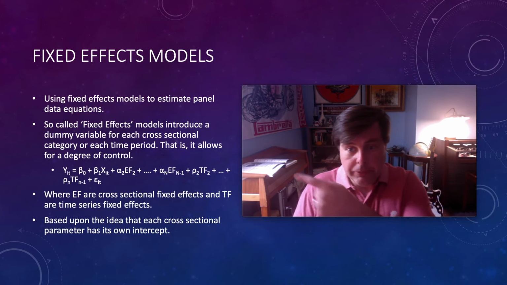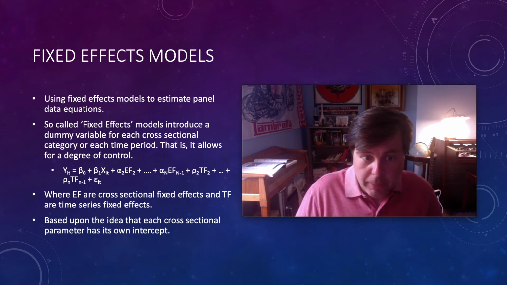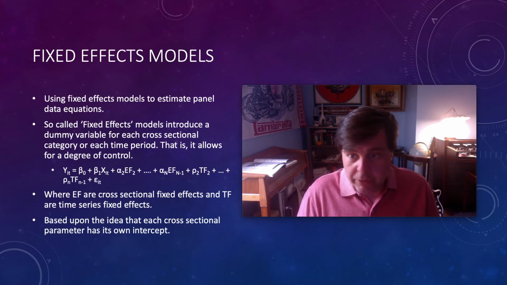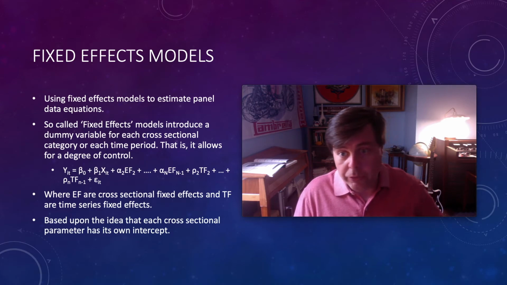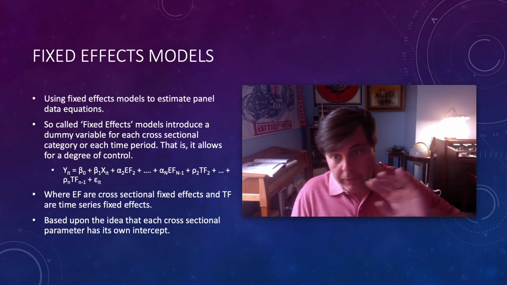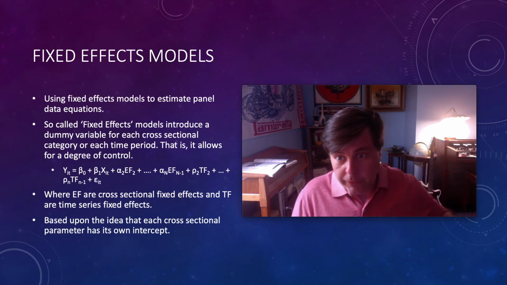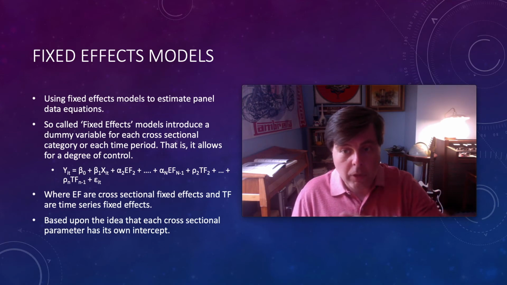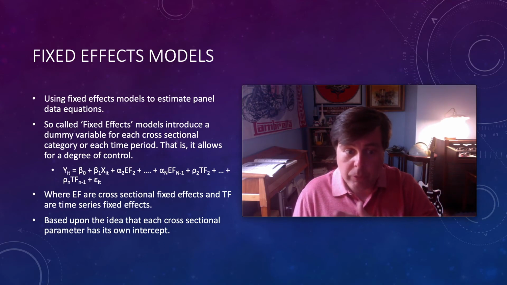Now the notation becomes more complicated yet. EF here are cross-sectional fixed effects, and TF are time series fixed effects. The alphas and rhos there are just estimators associated with those, and then you also see the betas and the x's. There are other control factors beyond the cross-sectional or time series elements that we're fixing.